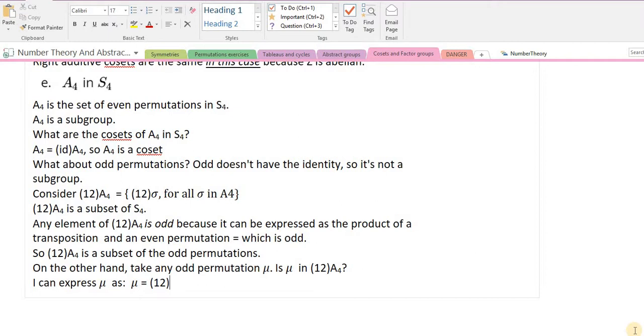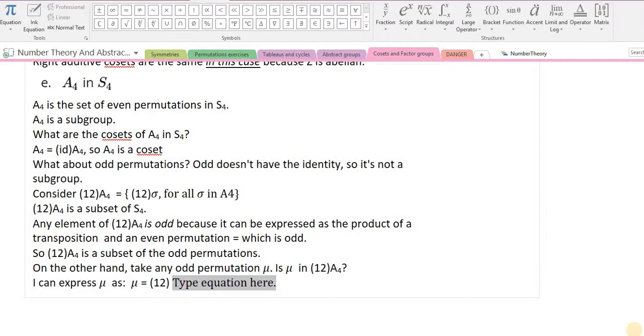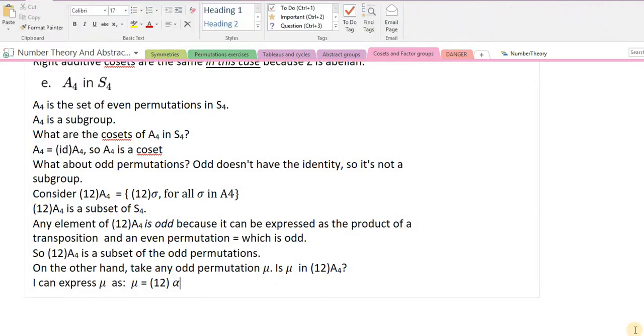All right, so let's do this. Let's just call it alpha, and then we need to solve for alpha.